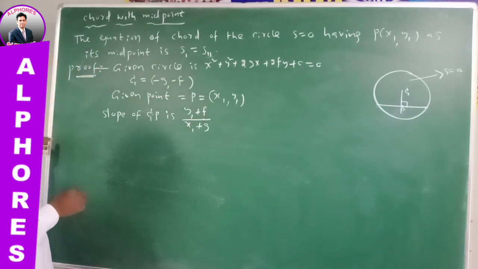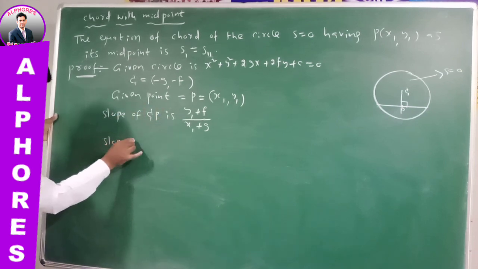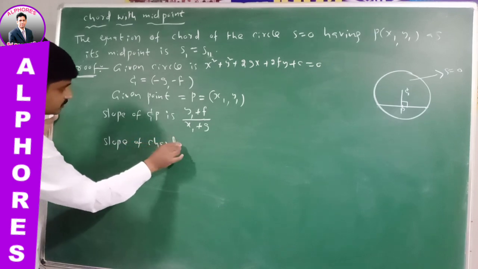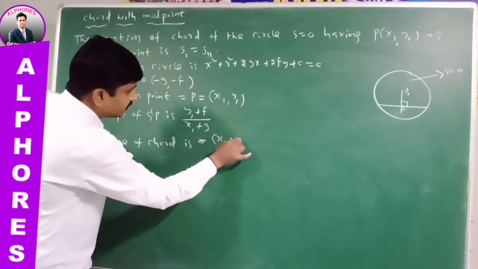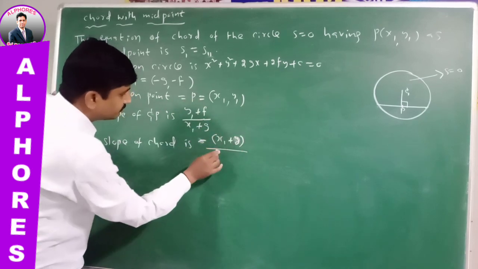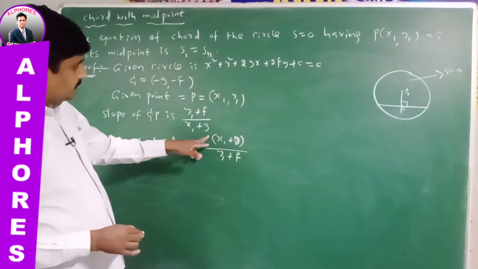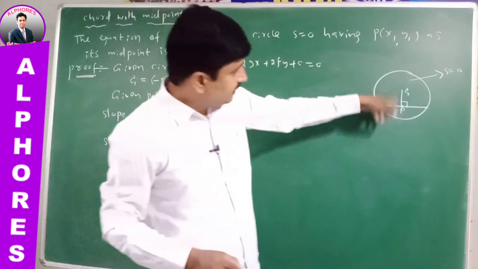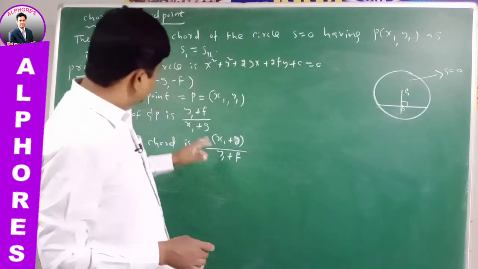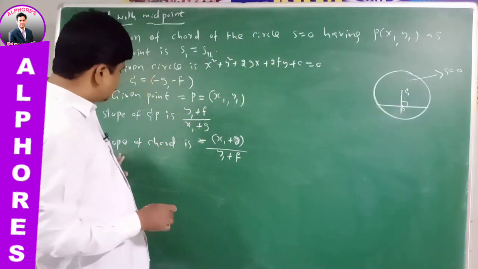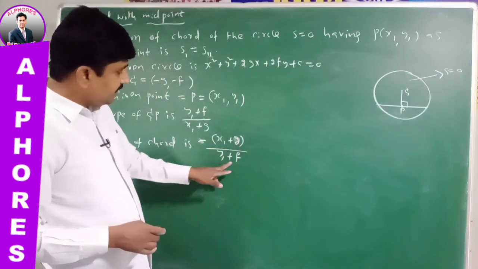Now the slope of the chord is minus of (x1 plus g) by (y1 plus f). This is m, this is minus 1 by m. Here the line CP and this chord are perpendicular. The slope of CP is (y1 plus f) by (x1 plus g). The slope of the chord is minus of (x1 plus g) by (y1 plus f).